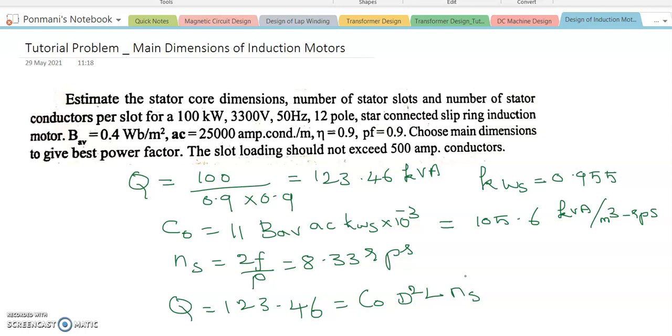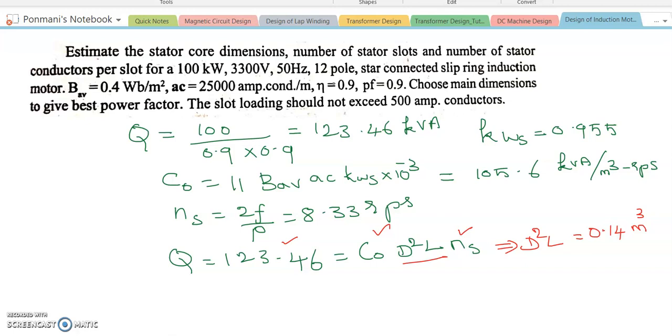On substituting all the values, the only unknown parameter is D square L. So from this we will get D square L value as 0.14 cubic meter.